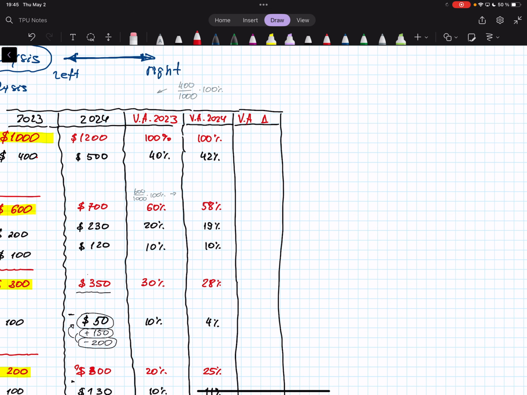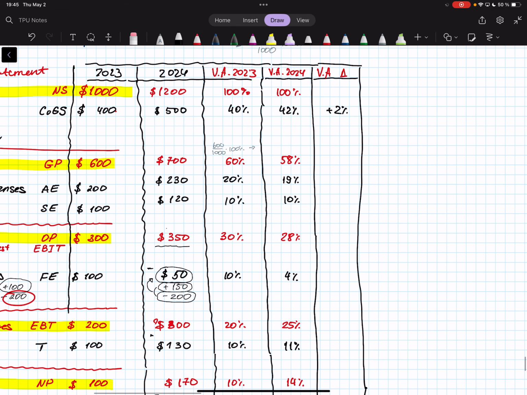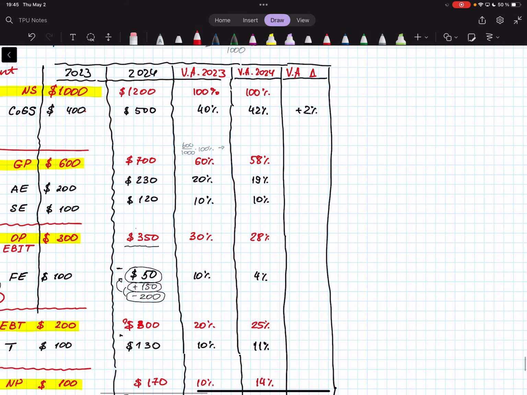Nothing changed in the sales. It was 100% and it is still, but with cost of goods, we see that there is plus 2%, because it was 40, now it's 42. With gross profit, it is minus 2%. With administrative expenses, minus 1%. Why? Because it was 20, now it's 19.